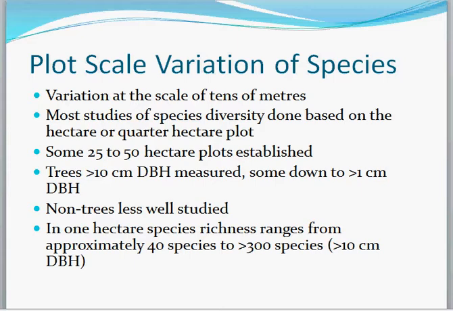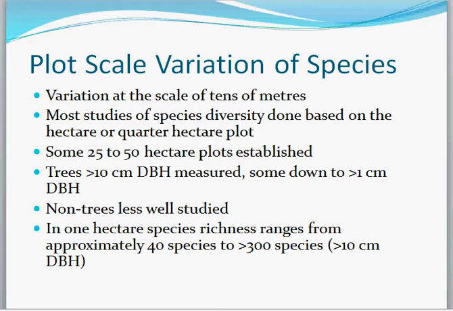So when the scientists came down from the temperate regions and they were doing their surveys, they'd have a field season of a few months, this is the sort of scale that they were able to cover. So plot scale variation, or alpha species diversity, was the diversity which tended to be measured.